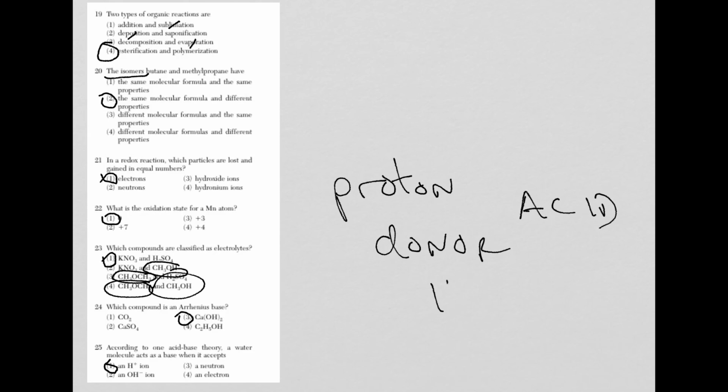For this other acid-base theory, we have our proton donors and our proton acceptors. Our proton donors is considered an acid. That means it's giving up H+, but if it's giving it up, something has to accept it, and that's the base. The base is the proton acceptor.